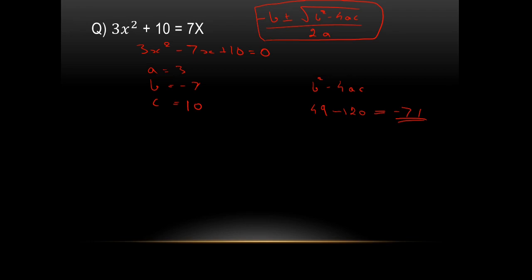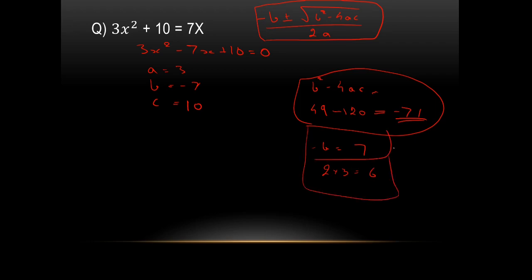So when you have this formula, you know that the discriminant is negative, minus 71. And let us find the value of minus b. So this is one part, and minus b is equal to minus of minus 7, which is 7, and 2a. Let us find out the value: 2 into 3 equal to 6.